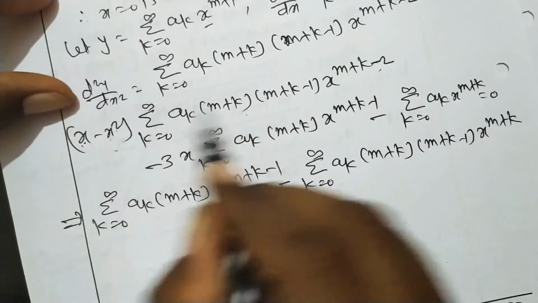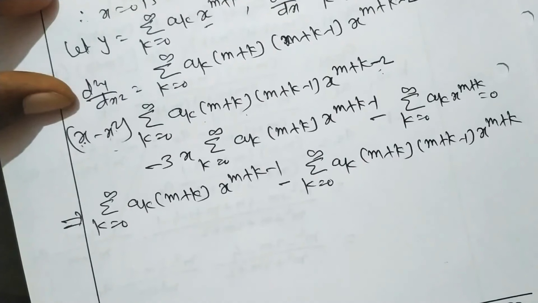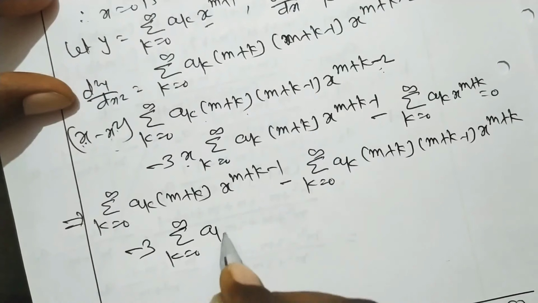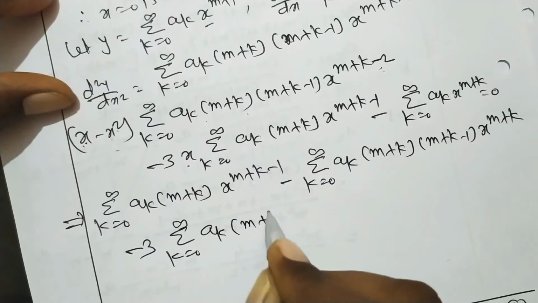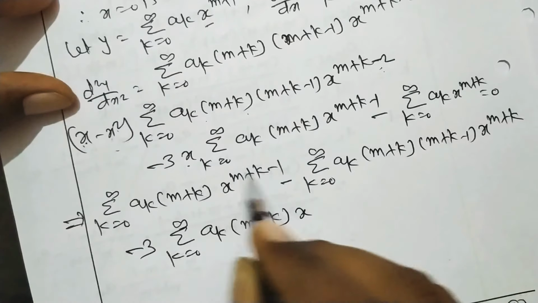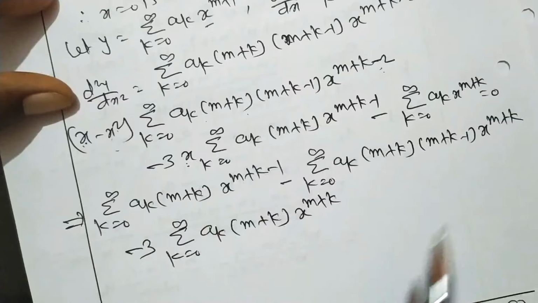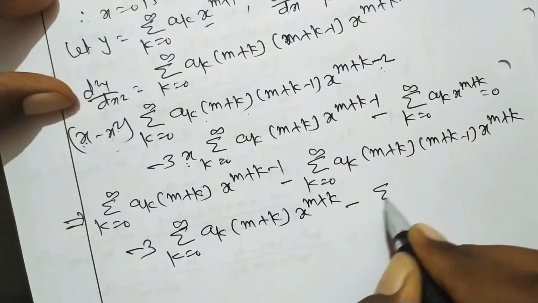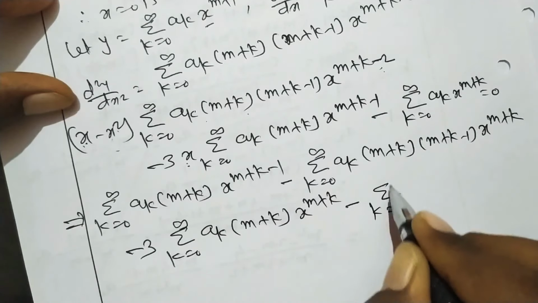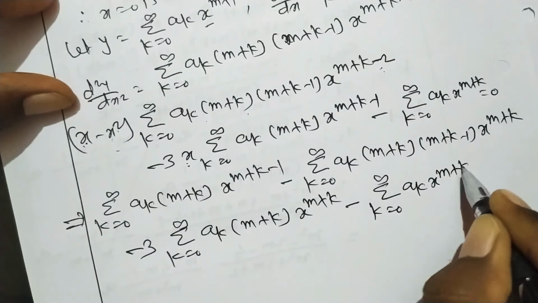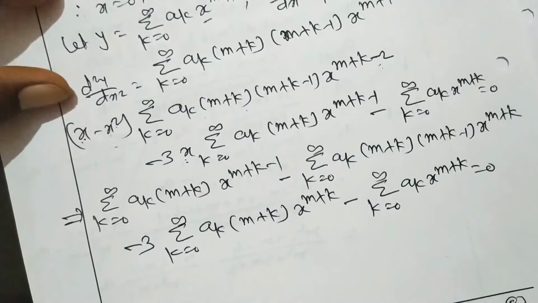Why? Because x² into this, minus 2 plus 2 get cancelled. Minus 3 into x into this, that is the summation of k from 0 to infinity a_k (m+k) x^(m+k) only, minus 1 plus 1 get cancelled, and minus the last one is the summation of k from 0 to infinity a_k x^(m+k) equal to 0.